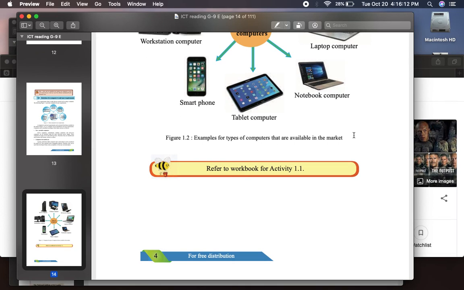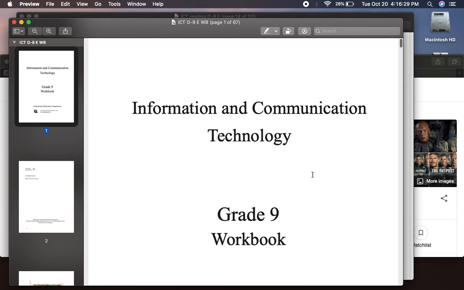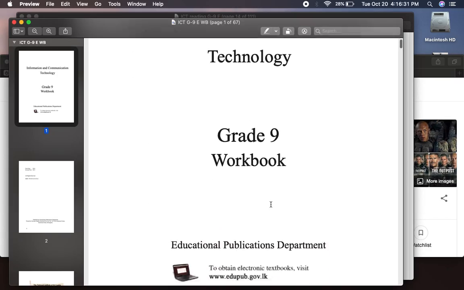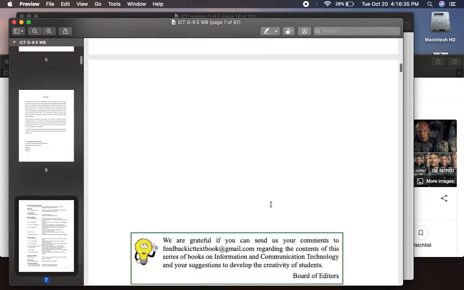Now, there is a balloon here that says refer to workbook for activity 1.1. So let us go to the grade 9 ICT workbook activity 1.1.